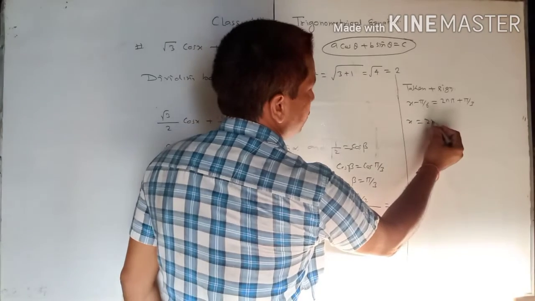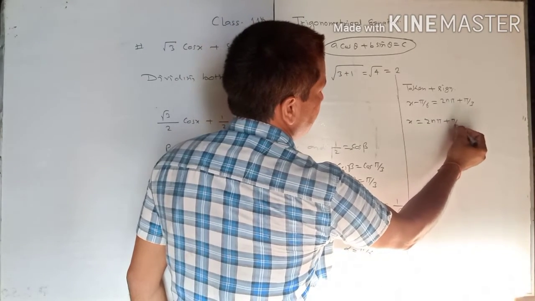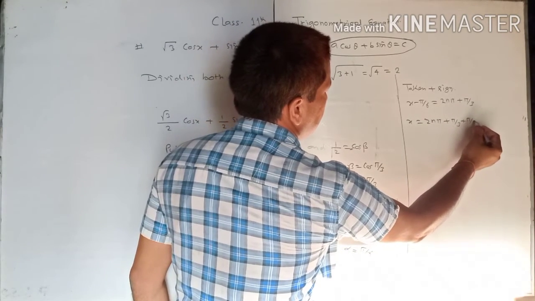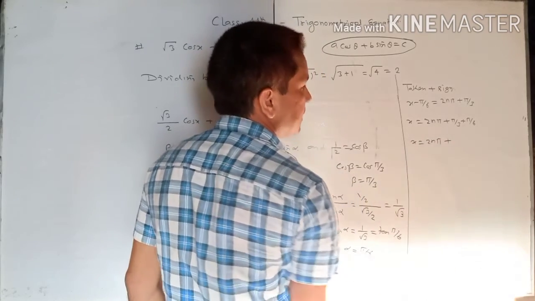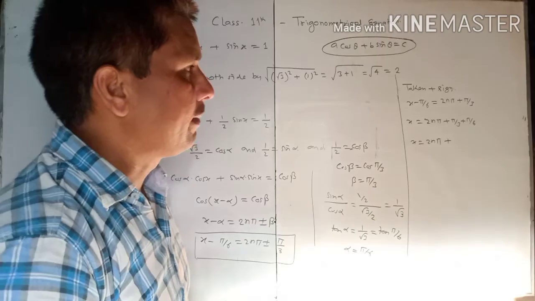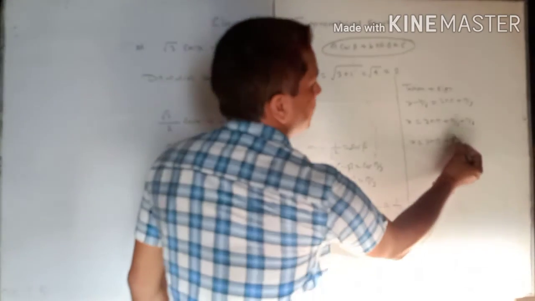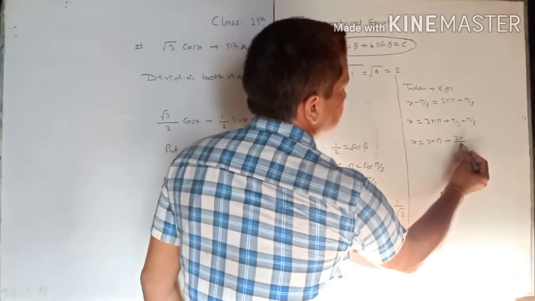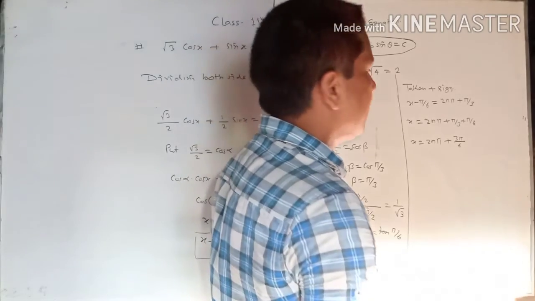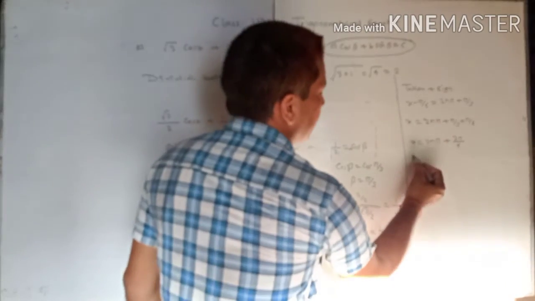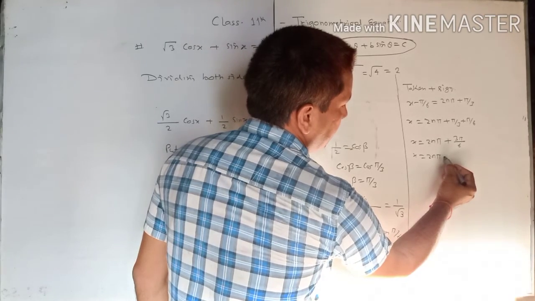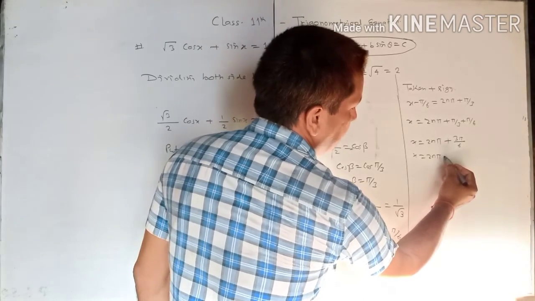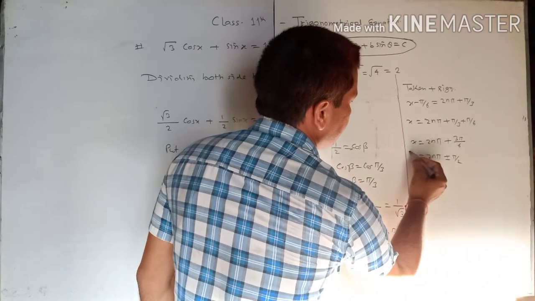So x is equal to 2n pi plus pi by 3 plus pi by 6. So x is equal to 2n pi plus 3 pi by 6. Finally x is equal to 2n pi plus pi by 2.